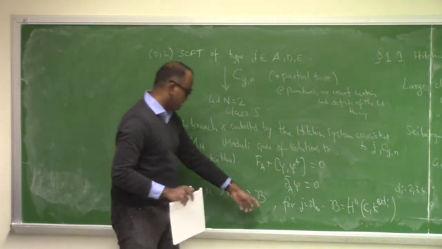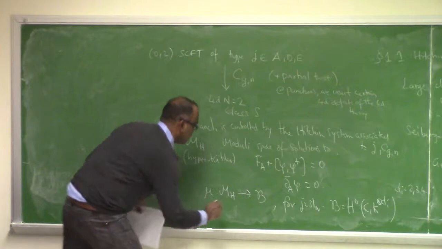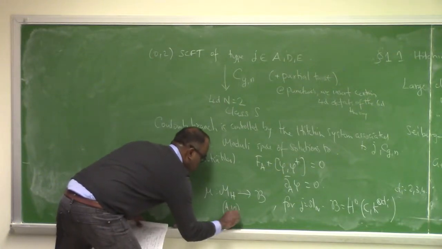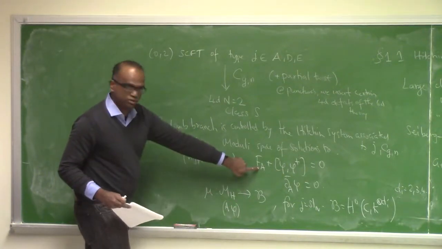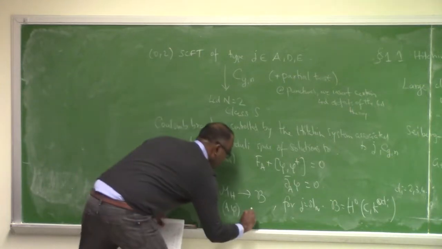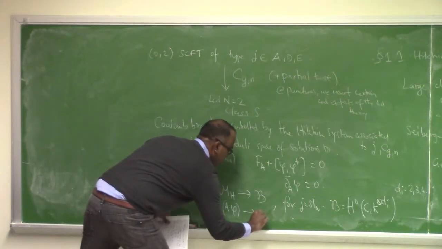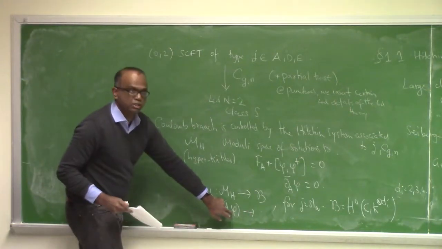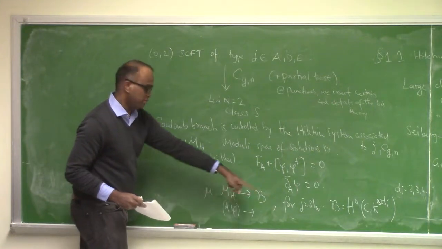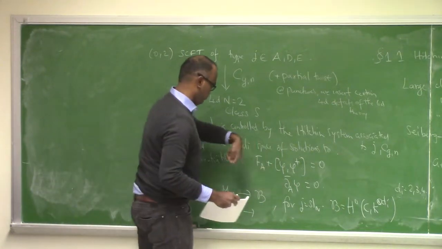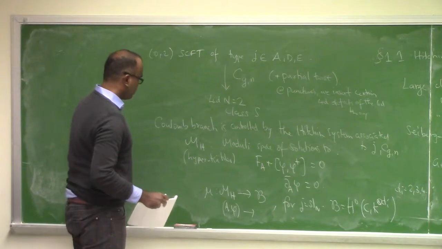So locally, you can basically think of this map as taking the pair (A, phi), where A is the gauge field whose curvature enters here, to the values of the Weyl invariant polynomials built out of phi. That's basically what happens locally. Globally, you have this description that I just showed.